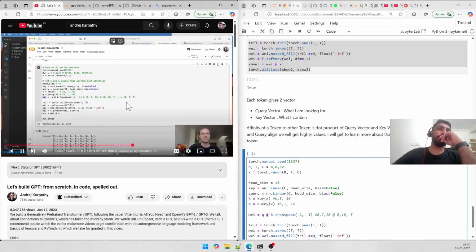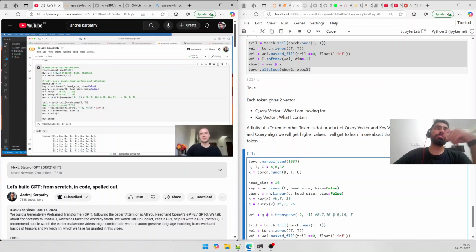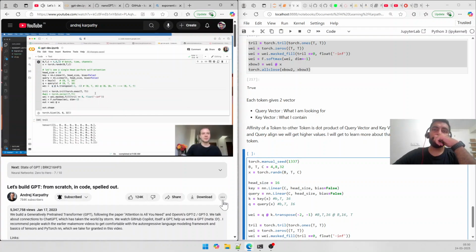These are now the wei. So they're not zeros. They are now coming from this dot product between the keys and the queries. So this can now run.